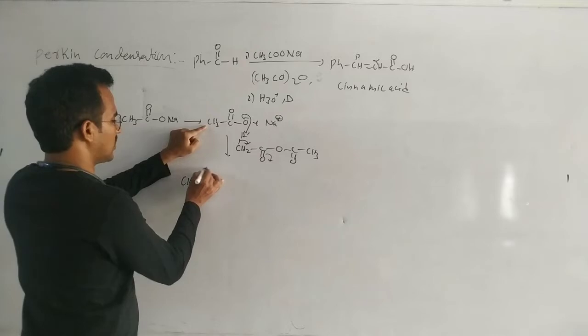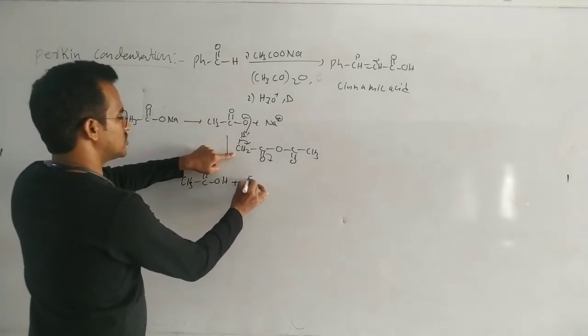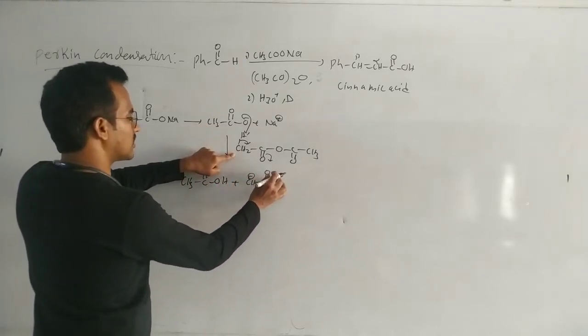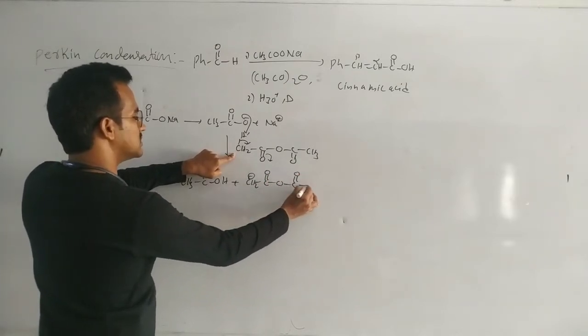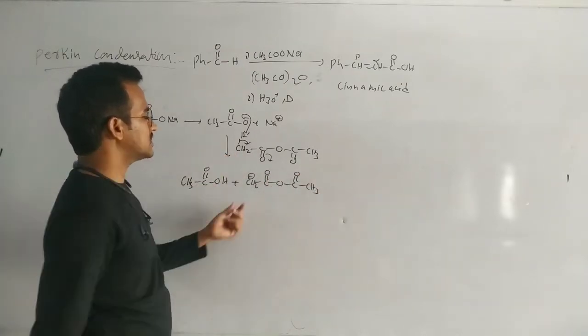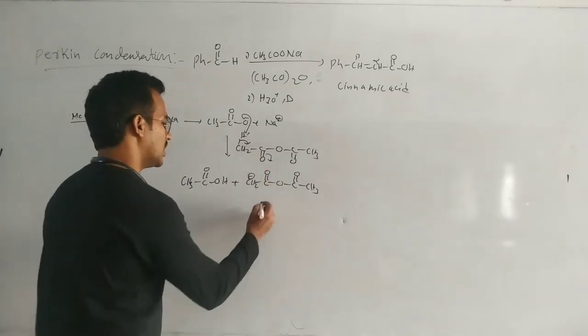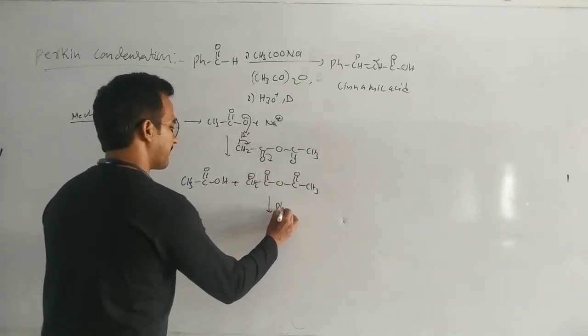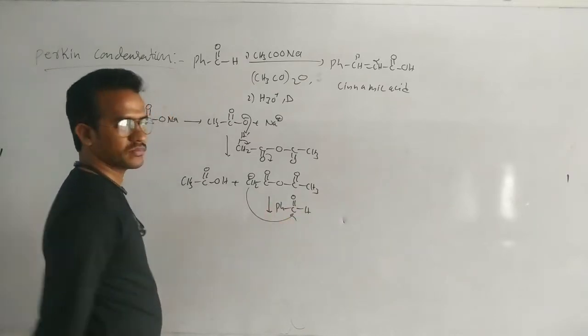So we get CH3C(=O)OH plus the carbanion CH2(-)-C(=O)-O-C(=O)CH3. We know that this carbanion is stabilized by resonance with C=O. Now this carbanion attacks this benzaldehyde.